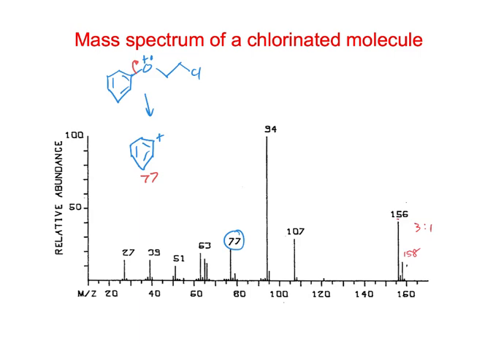The 94. What else is important about that 94? It is the base peak. Other than that, notice that it's the only fragment ion that has an even mass. So what does that tell us?